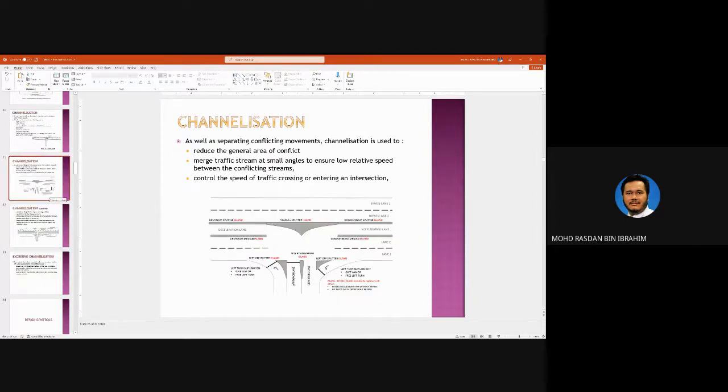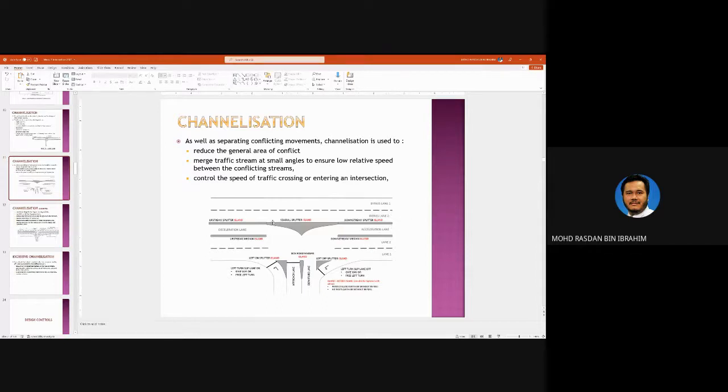So as well as separating movement, channelization is used to reduce the general area of conflict because you are actually separating the movements. Merge traffic streams at small angles and control the speed of traffic crossing. So this is a Seagull Island, for example, meaning that you are splitting this right turn movement before it joins the bypass lane here.